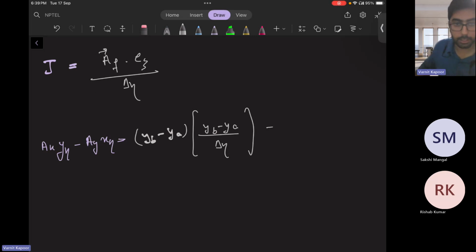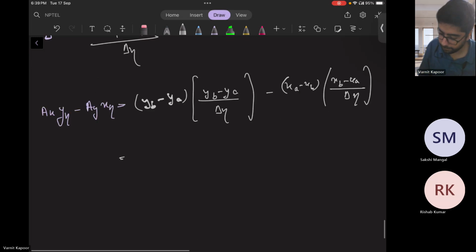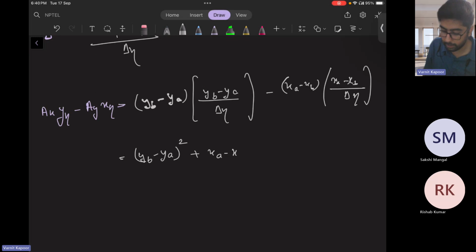Ay you have also got as (xa minus xb) into (xb minus xa) over del eta. So this is (yb minus ya) whole square plus (xa minus xb) whole square over del eta.